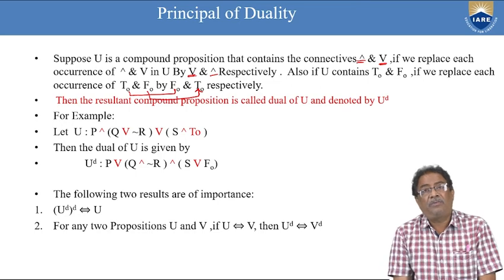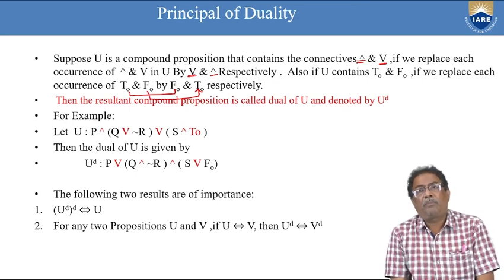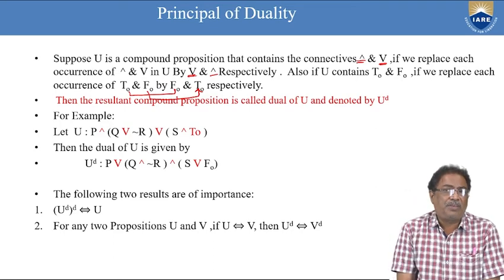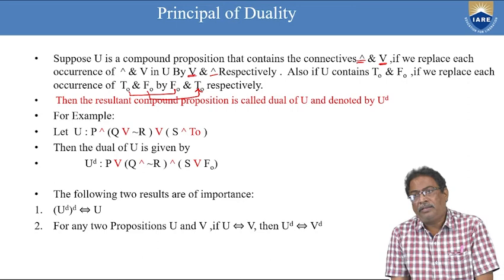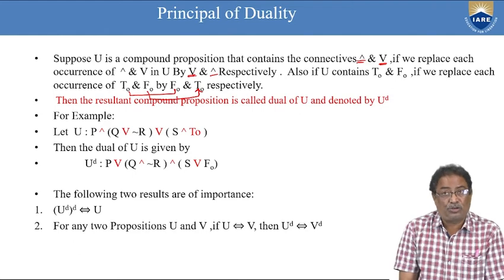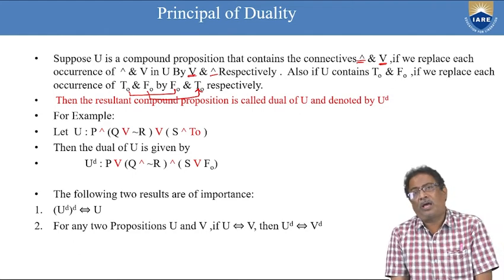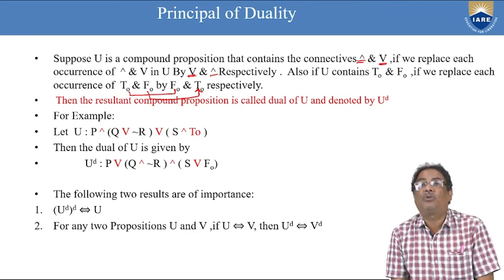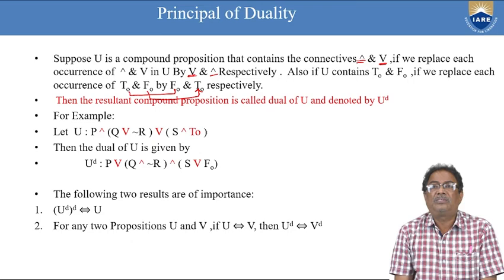That means whenever the given compound proposition has and, or, they are replaced with or, and. If it has true, false, those are replaced with false and true. Whatever we obtain is nothing but the dual of the original one.